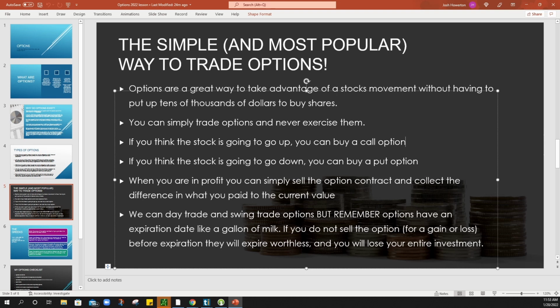You're going to throw it away, right? You no longer have that milk. You're out the money. So options do expire, okay? If you do not sell the option or exercise the option, and it expires at expiration, boom, you're done. It just expired worthless, and you will lose your entire investment.